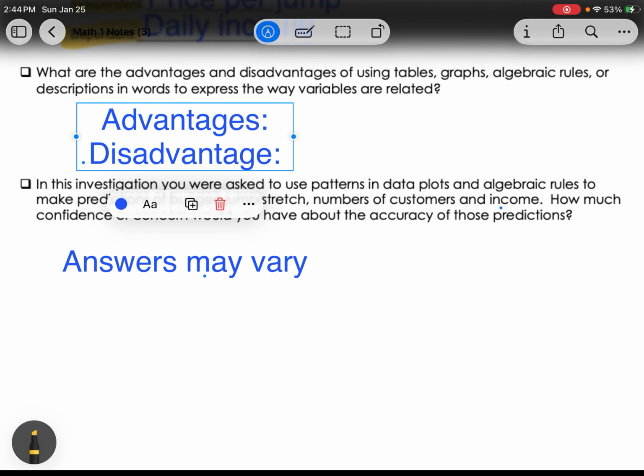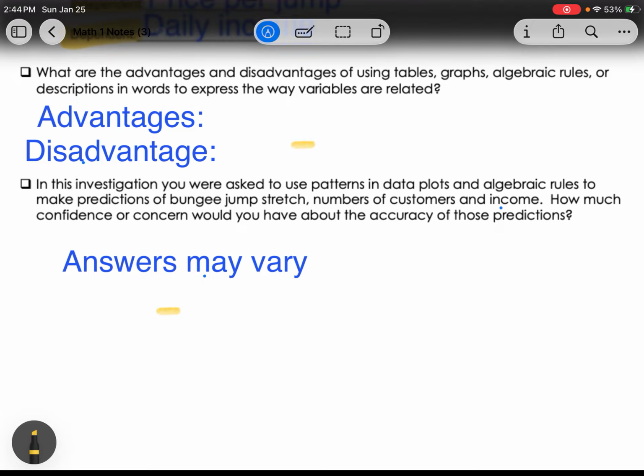Like, do you like tables? Do you like graphs? Do you just like using algebraic rules, you know, just equations? Or do you like words? That's a you situation. I want you to write down what you think.